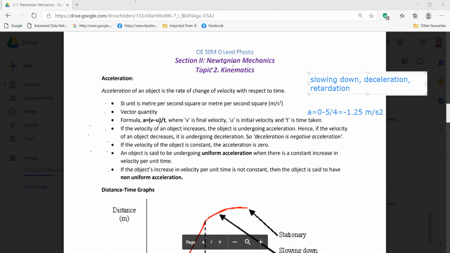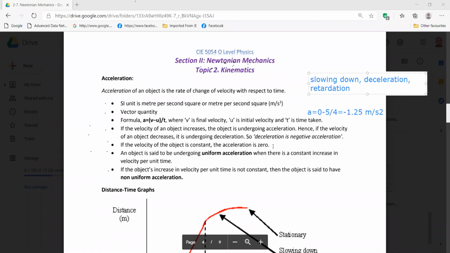So if you calculate, it will be 0 by T, which means the acceleration is 0. From the definition also, acceleration means an increase in velocity, right? If the velocity remains the same, then there is no acceleration. Is it clear, everyone?